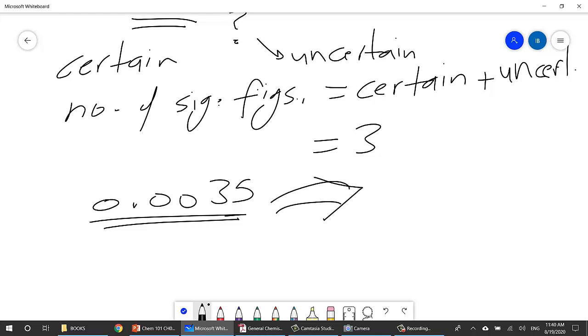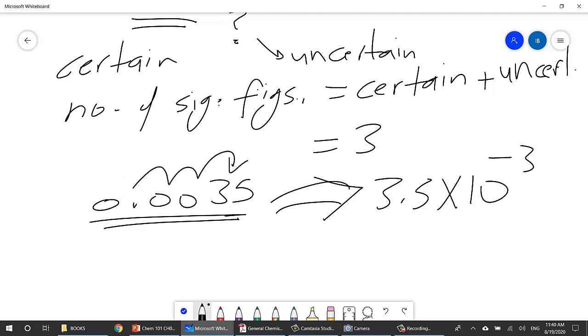If you change this to scientific notation, this will be 3.5 times 10 to the minus what? I'm moving 1, 2, 3, so minus 3. So now you can tell that this is only two significant figures.